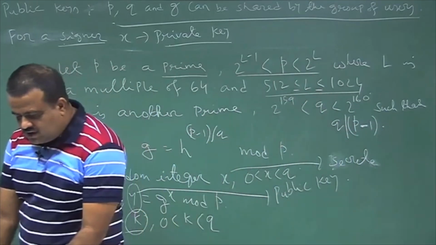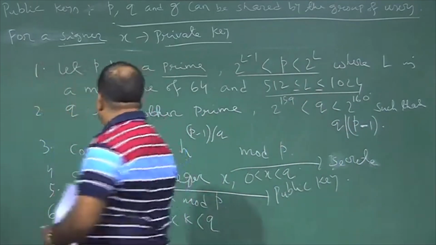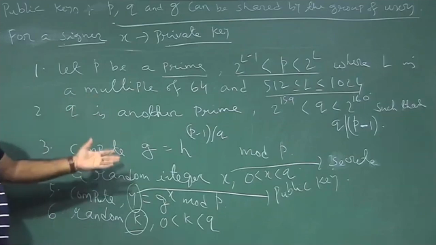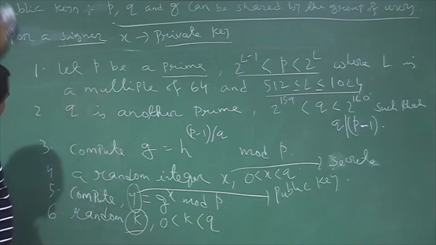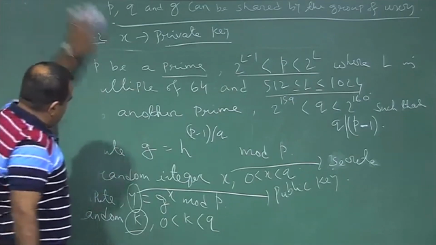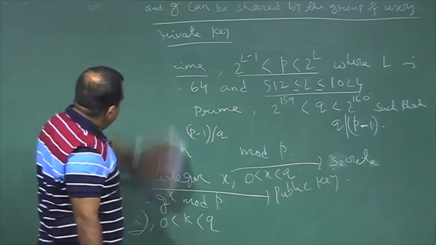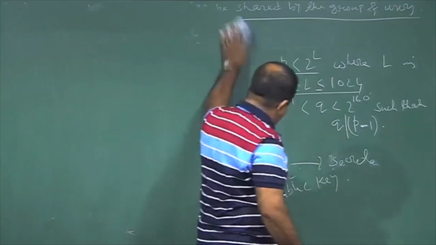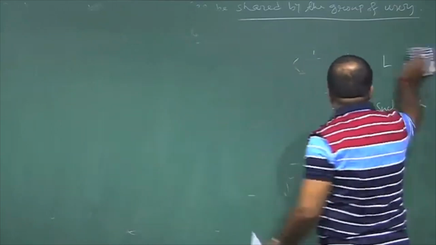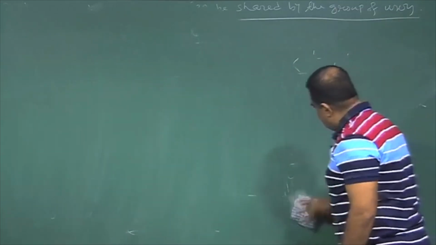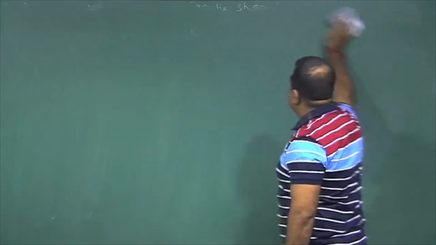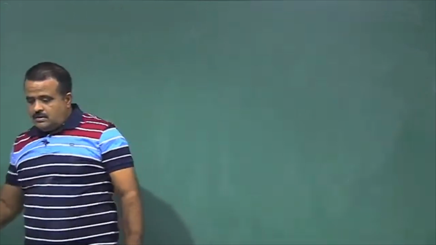Now, let us talk about the signature. Using this parameter, suppose Alice wants to send a message. So, this is the standard parameter we will use for this digital signature standard. Okay. So, now how to sign a message using this parameter setup? The message could be any length, but we have to compress it.